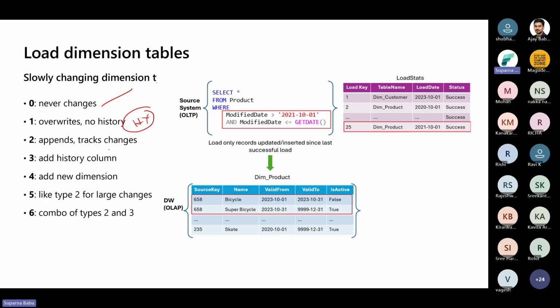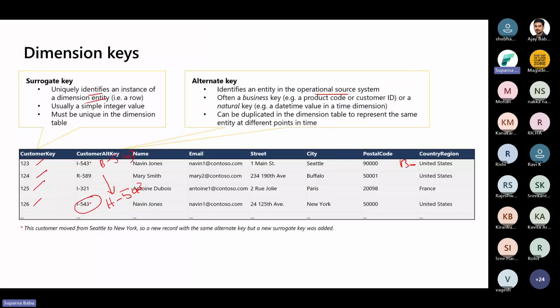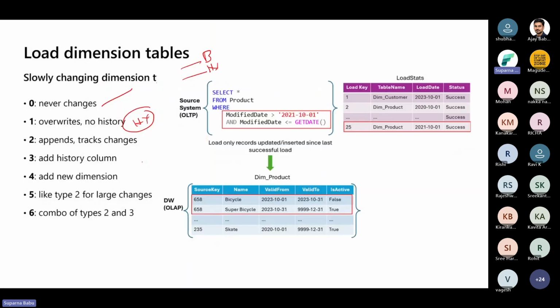Next, SCD2. It will append and track the changes. Let's say first I am living in Bangalore. I shifted to Hyderabad. So the next minute it will enter a row like this. This is slowly changing dimension 2. Then it will add history columns: when I changed, what date, what time, and everything.